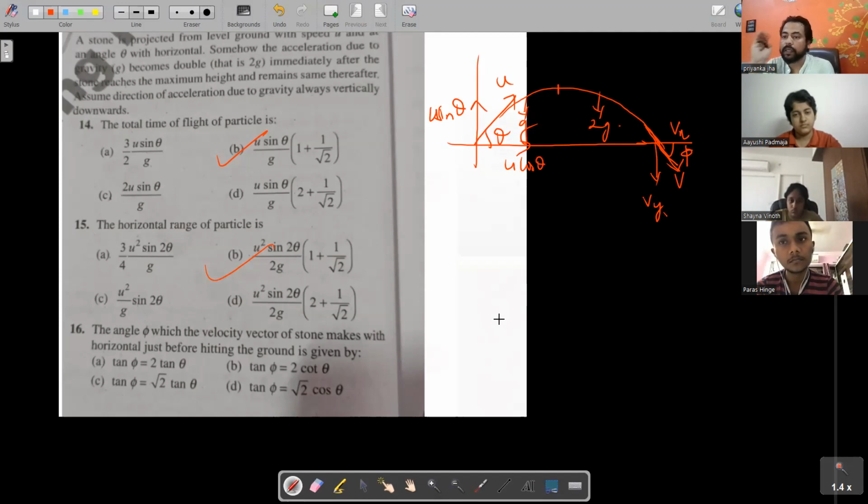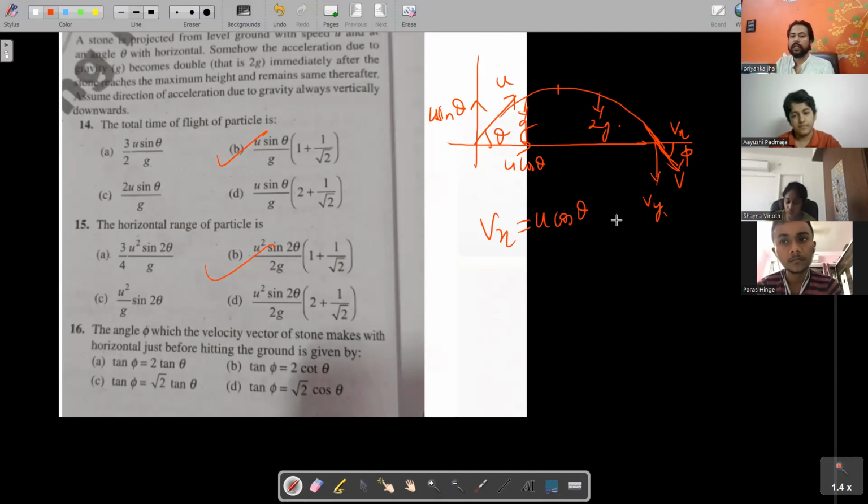You know that there is no external force in horizontal direction, so velocity will remain constant always. That is why vx must be equal to u cos theta, the initial horizontal component. Now we have to find vy.